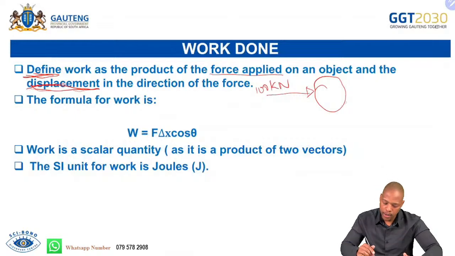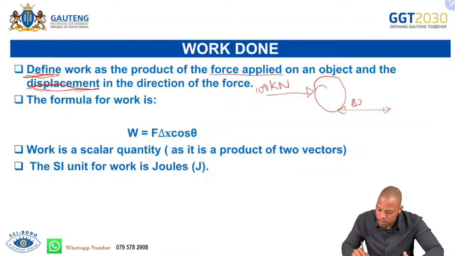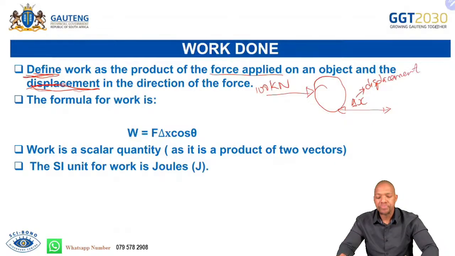So it's very, very important that there must be a force, but then there must also be displacement. Then we can say work is done. Then the displacement must be in the direction of the force.